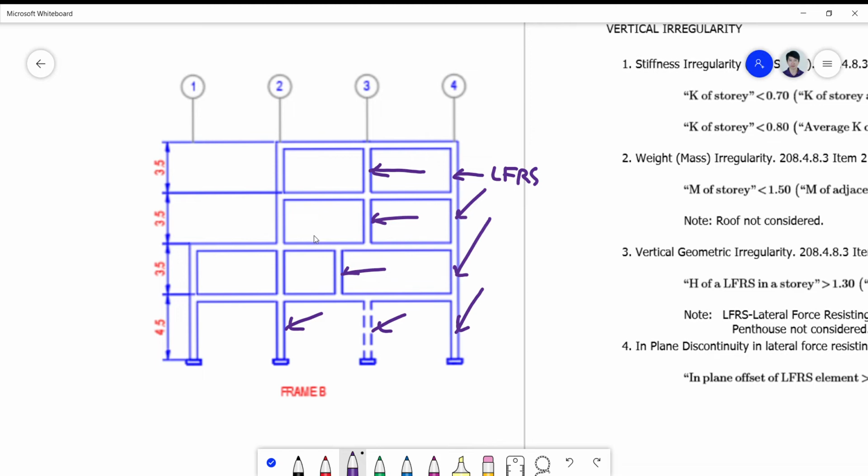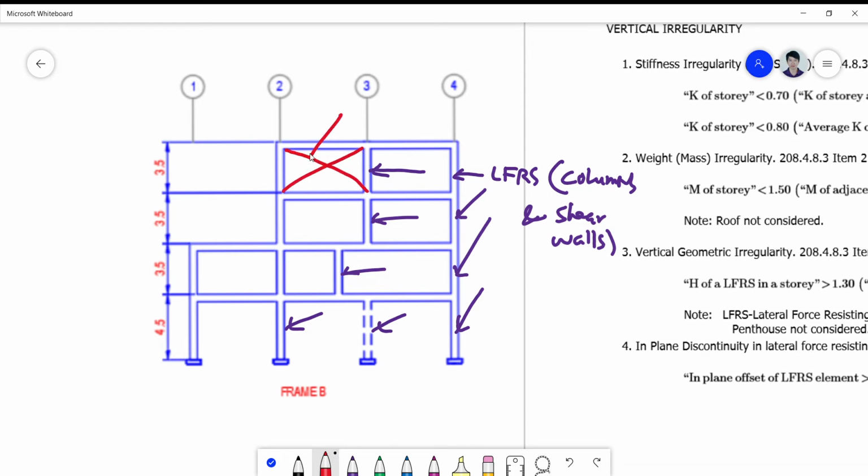If there's a shear wall added inside or maybe at the side of the structure, then your LFRS can be composed of columns and shear walls. Okay. Sometimes for very sophisticated structures, you also have what you call the braces, no? So it can also be a part of the LFRS.